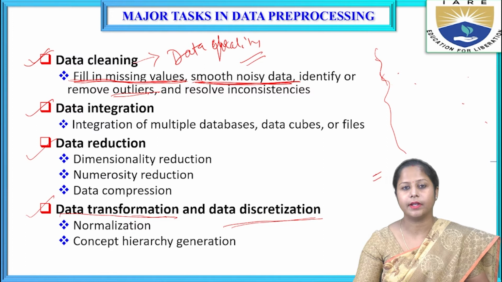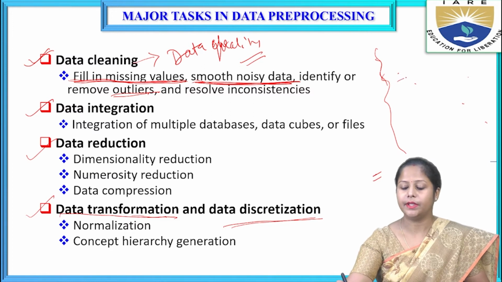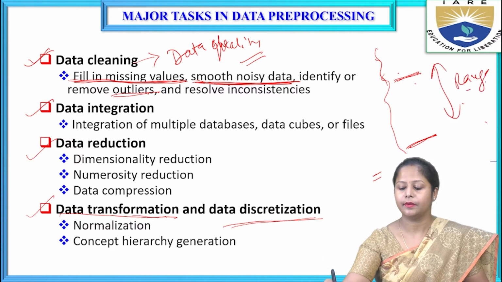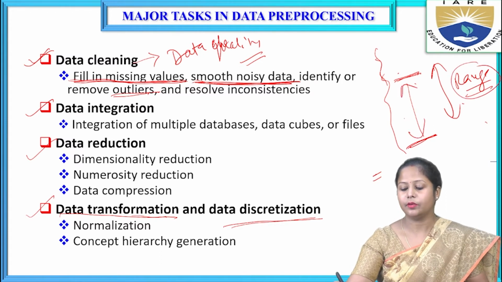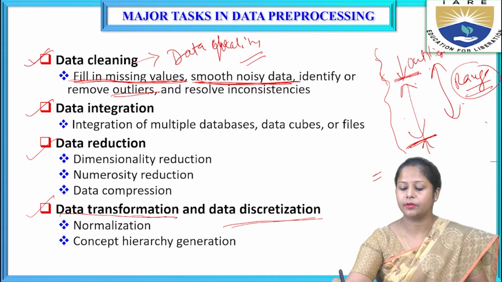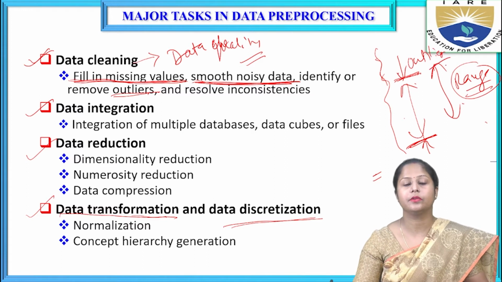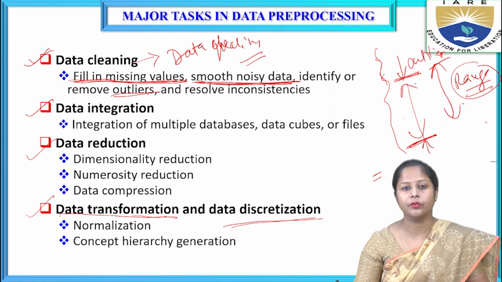If we take some range, data within the range is not an outlier. Data that falls outside of this range is called outlier data. So what will we do? We will remove that outlier from the data.